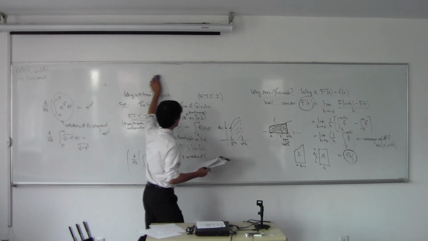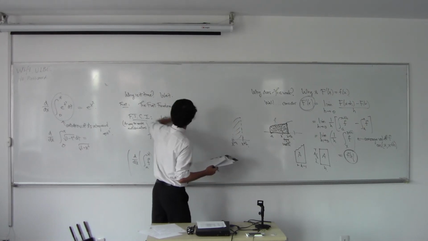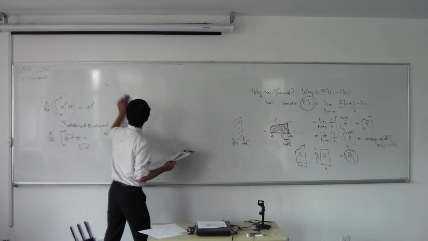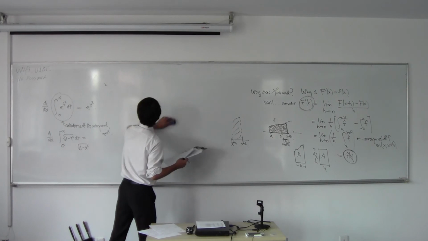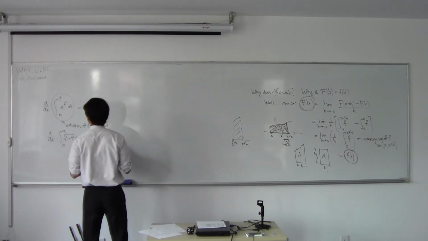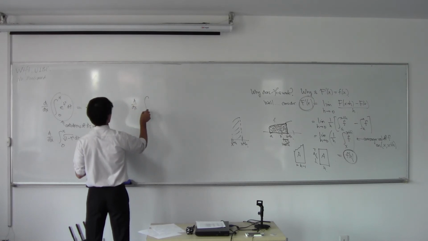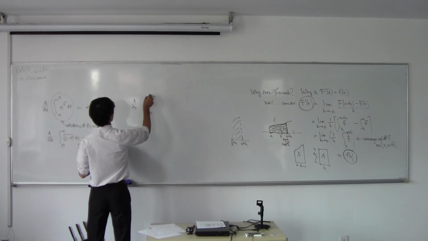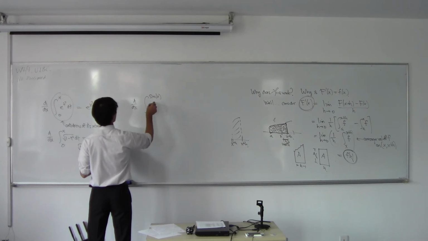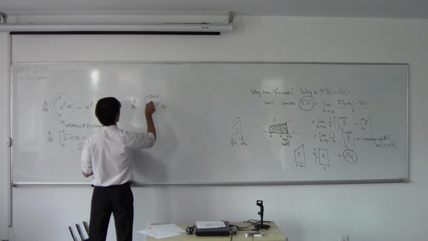Let me do something a little bit more complicated. It's just a tiny bit more complicated. Suppose I say something like this: the derivative of the integral from 0 to sine x of e to the t squared dt.